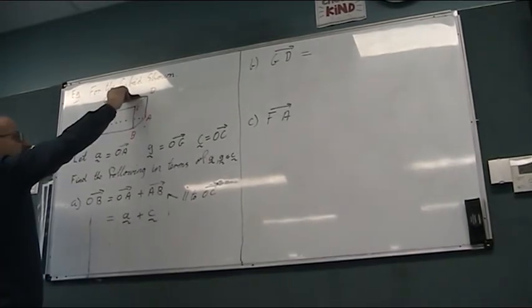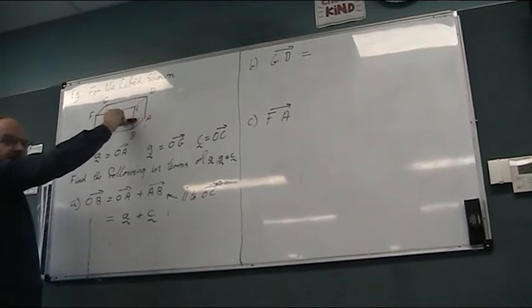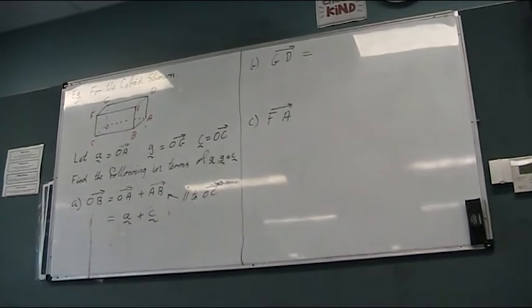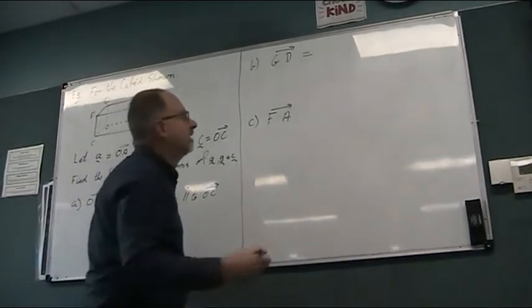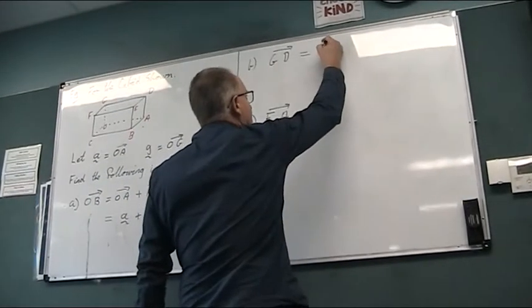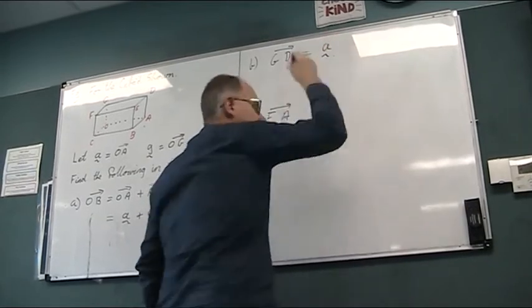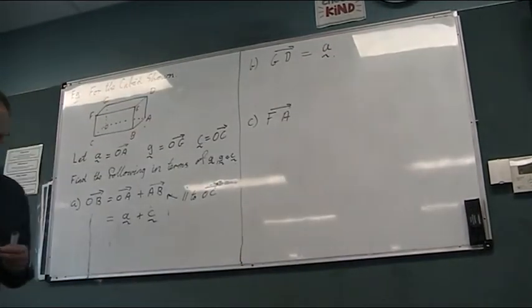And G to D, of course, is parallel to O to A. And so if it's parallel to O to A, then we can just say that that's vector A.